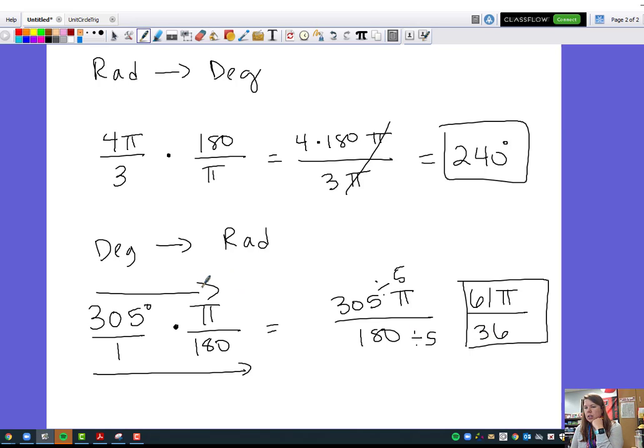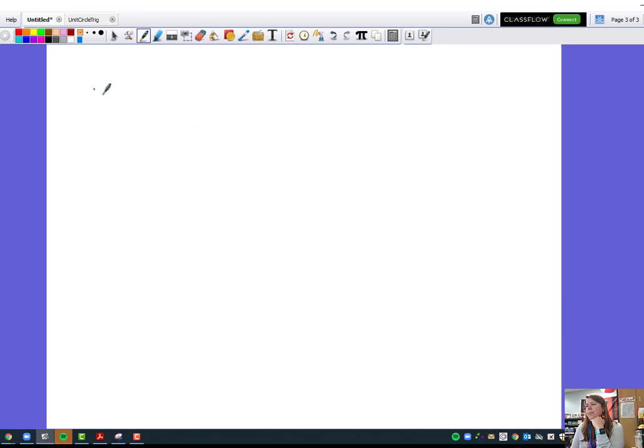Let's do drawing the angle measures. If your angle measure is outside of this, okay, this is on my unit circle, and let's say I have 400. 400 is bigger than this.